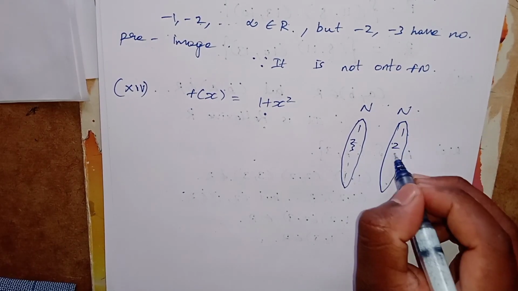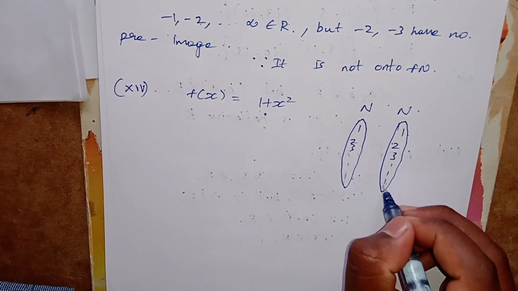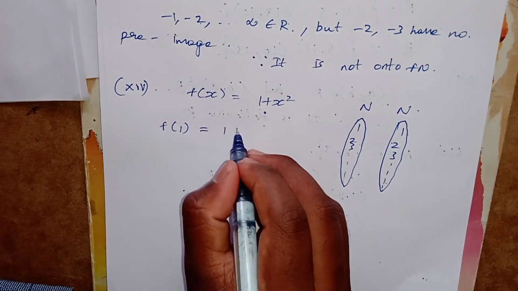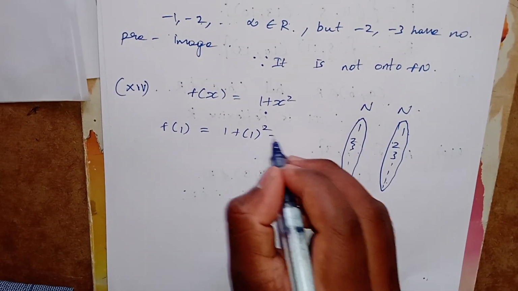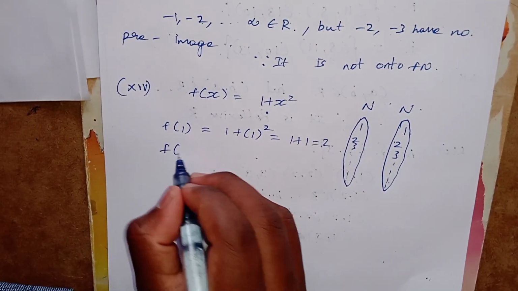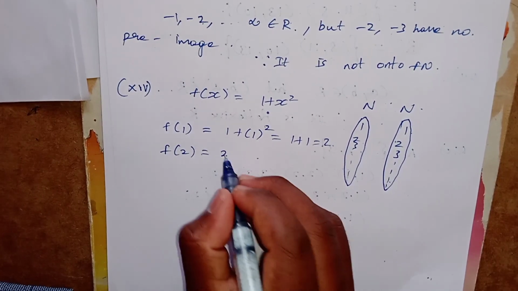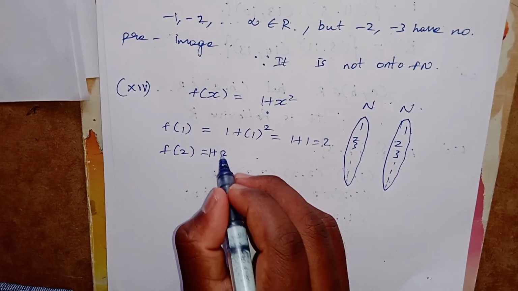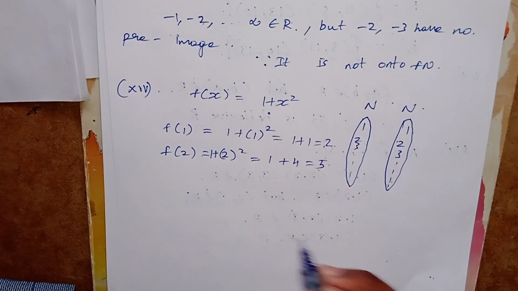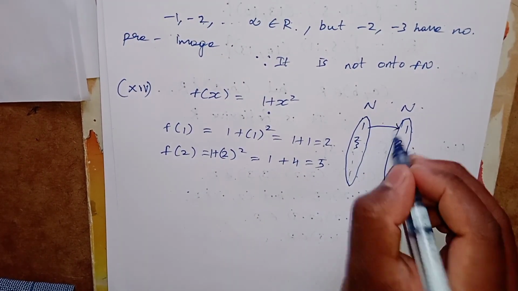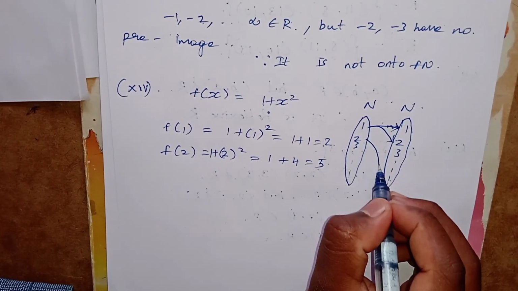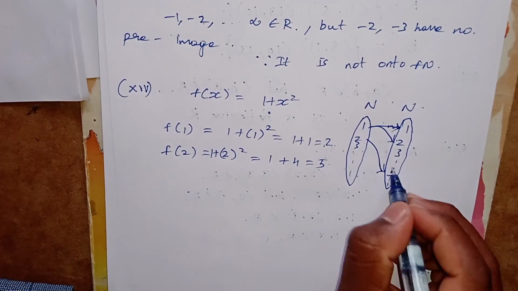Here also the same 1, 2, 3 up to plus infinity. I am taking f of 1. Here 1 plus 1 square, you will get 1 plus 1 equal to 2. I am taking x equal to 2. Therefore 1 plus 2 square, therefore 1 plus 4, you will get 5. Therefore for 1 it is 2, and for 2 I am getting 5.